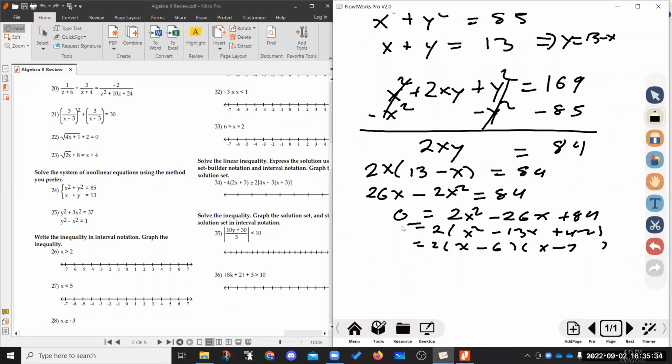So this is x minus 6 equals 0, or x minus 7 equals 0, x equals 6, or x equals 7. I'm going to come back to x plus y equals 13. So if x plus y equals 13 and y equals 13 minus x, then y is 13 minus 6, which is going to be 7.